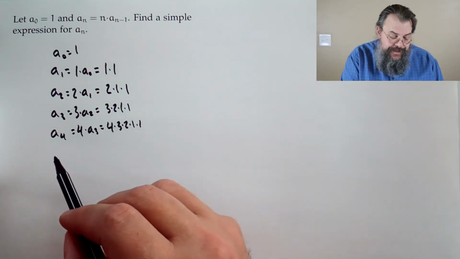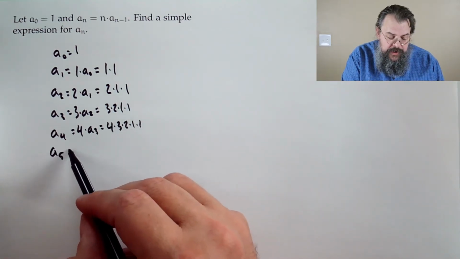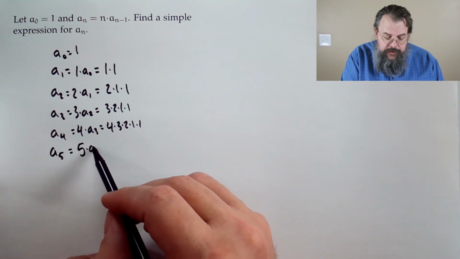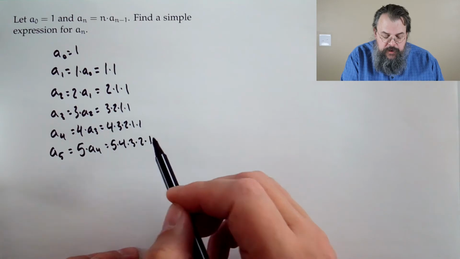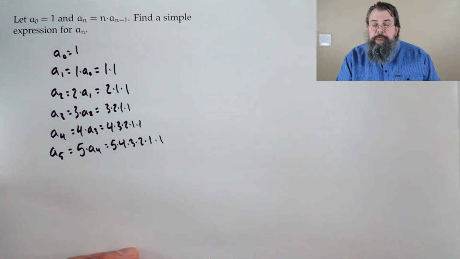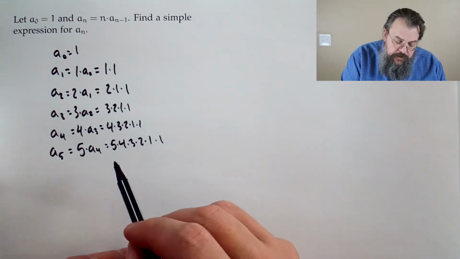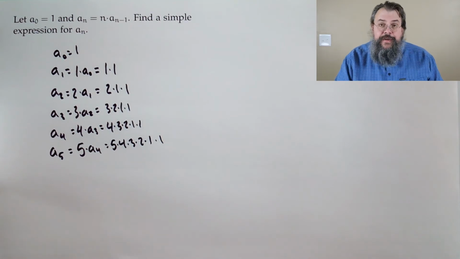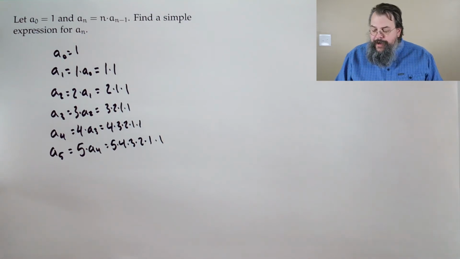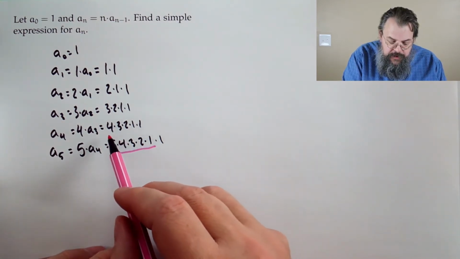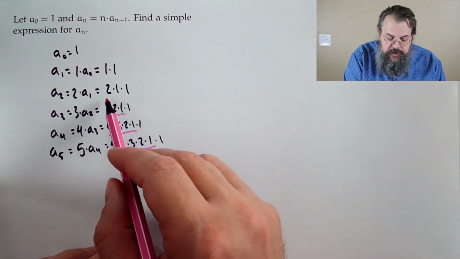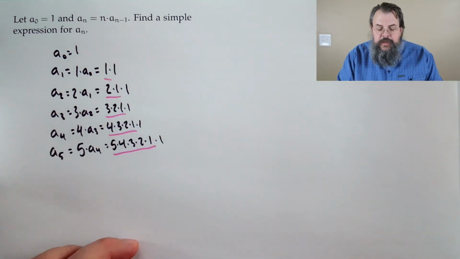Do you see the pattern? Well, let's write down one more. So it would be 5 times the previous one, 5 times 4 times 3 times 2 times 1, and there's a times 1 on the end. So what's happening here? Well, we can spot something, right? Oh, I see what's happening. There's this 5 times 4 times 3 times 2 times 1. There's 4 times 3 times 2 times 1, 3 times 2 times 1 times 1, 2 times 1, 1.